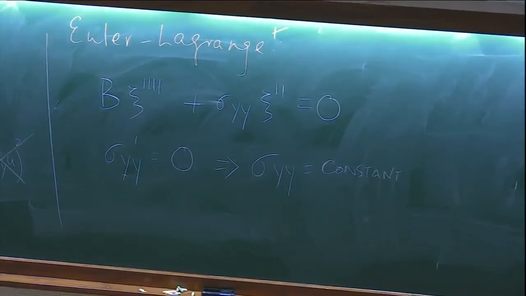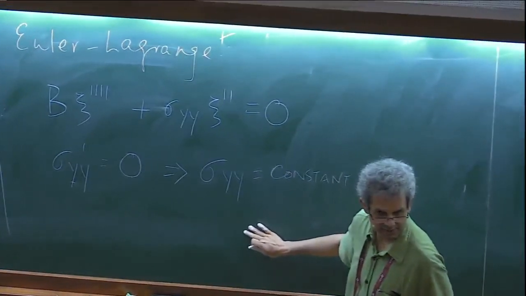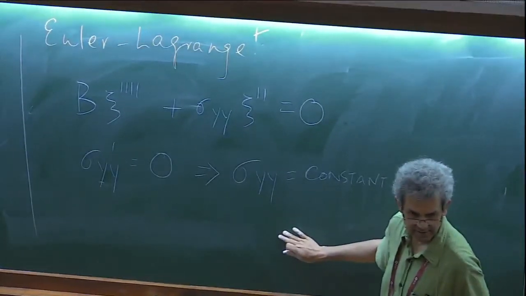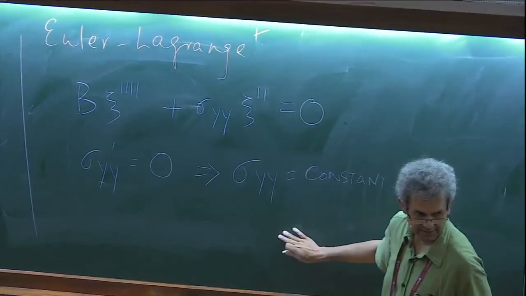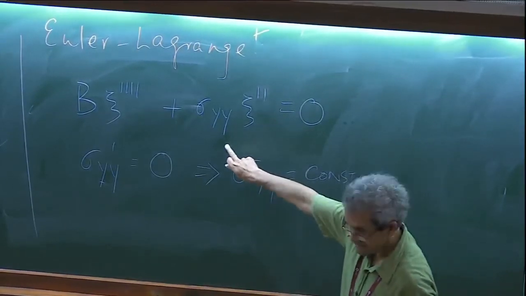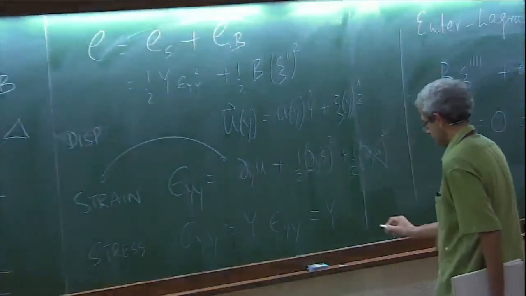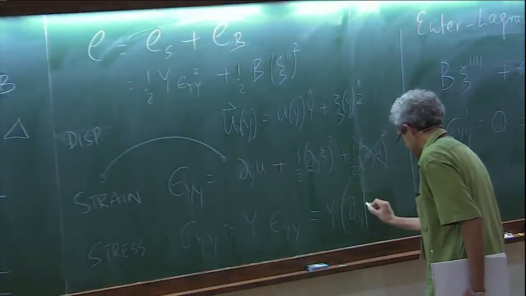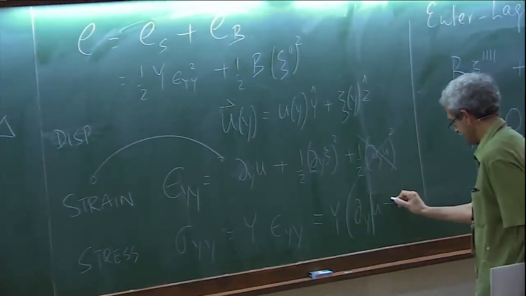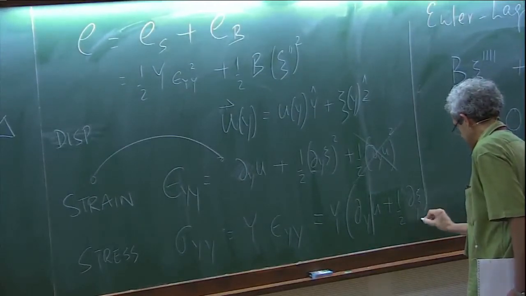So these look familiar to you from the last problem, but I want to tell you they're not. And they're a little bit more dangerous. You see what's going on here? This is Y times d_y of u plus half d_y psi squared.